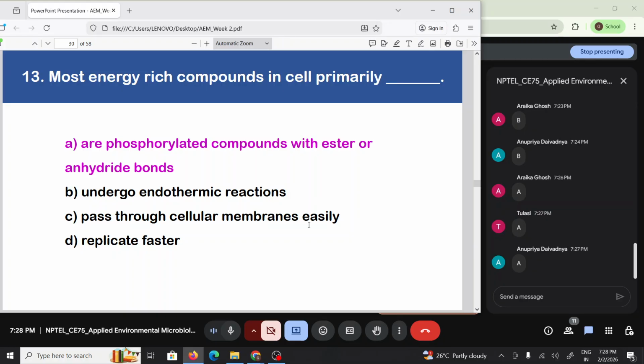So it's going to be a larger molecule and it does not pass through membranes that easily. And also, the speed of replication has nothing to do with a compound being energy rich or not. So in that case, most energy rich compounds are phosphorylated compounds, and the classic example to remember this is ATP.